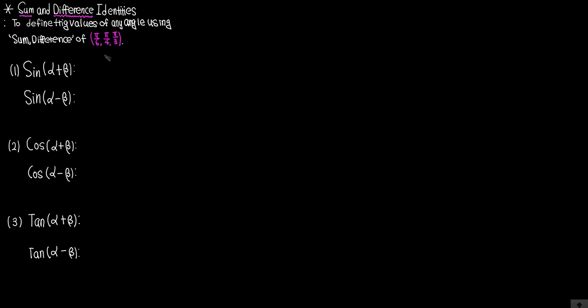I will erase the things that we did, but before we start with the formula, the concept for applying the sum and difference identities is, let's say there are angle measurements that we cannot express, but we need to express them in terms of the special angles. Well, we need to express them with two special angles among pi over 6 radian, pi over 4 radian, and pi over 3 radian, which are 30 degrees, 45 degrees, and 60 degrees.